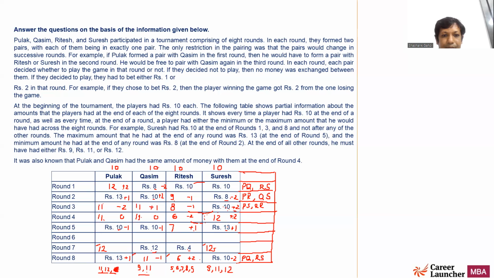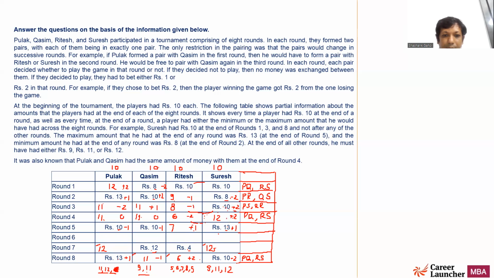Here, Suresh and Ritesh are playing, and Pulak and Qasim are playing. So, PQ are playing and RS are playing. Tick. Now here it is a dicey scenario because 2 people are losing 1, 2 people are getting 1. So I don't know who's playing with whom. Again, to find out who's playing with whom, I need to find the arrangement of round 6.